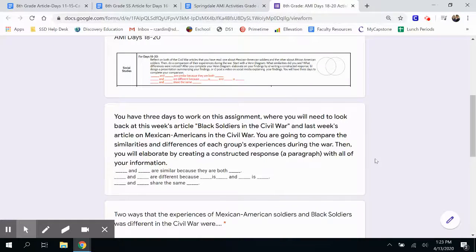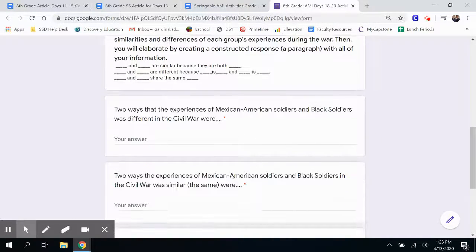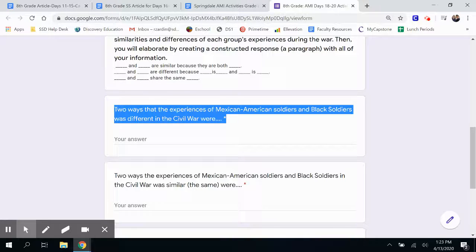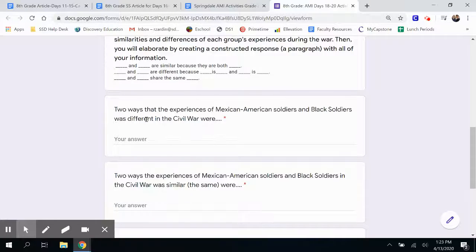Okay. So the way I'm going to do the Venn diagram aspect is in these 2 written response questions. So the first question says 2 ways that the experiences of Mexican American soldiers and Black soldiers were different in the Civil War was. Okay. So this means that you need 2 ways that the experiences were different.